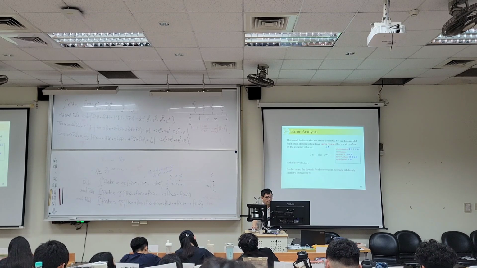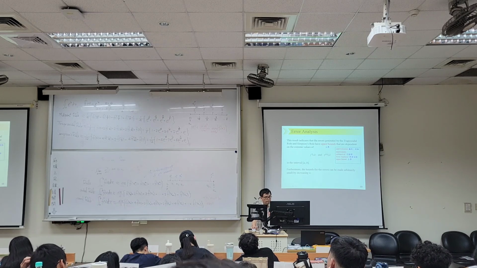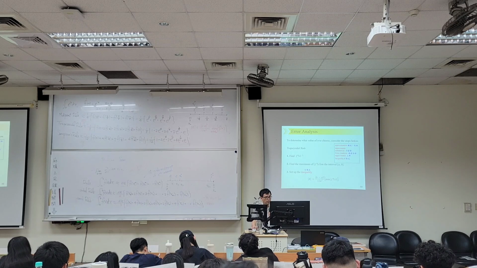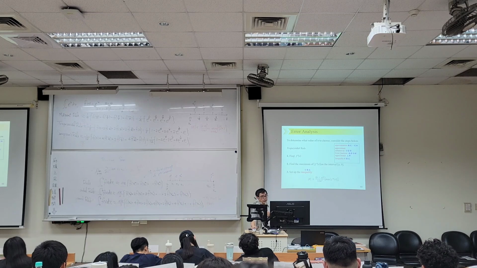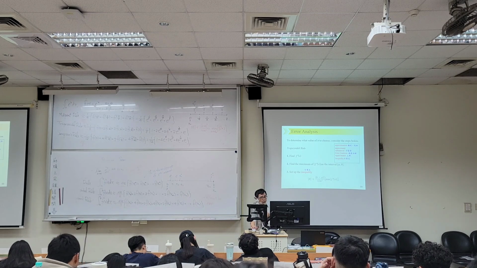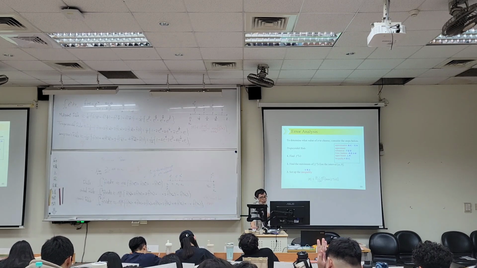So for the trapezoidal rule, you find the second derivative, find the absolute value, find the maximum, then solve the inequality, and you will find the n.